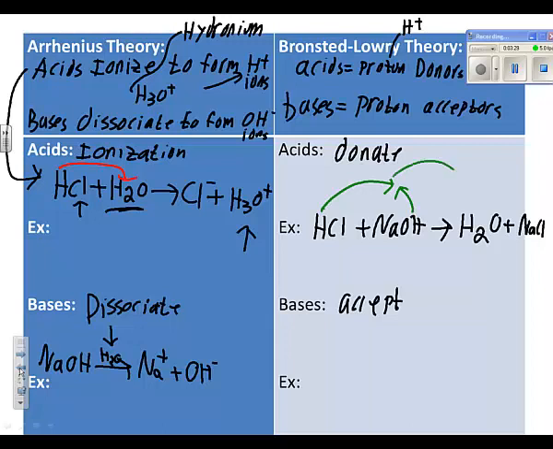So those 2 joined and made water, which left the sodium to bond to the chlorine to make our salt. So our acid donated, our base accepted it, we always form water. Okay? OH plus H equals H2O.